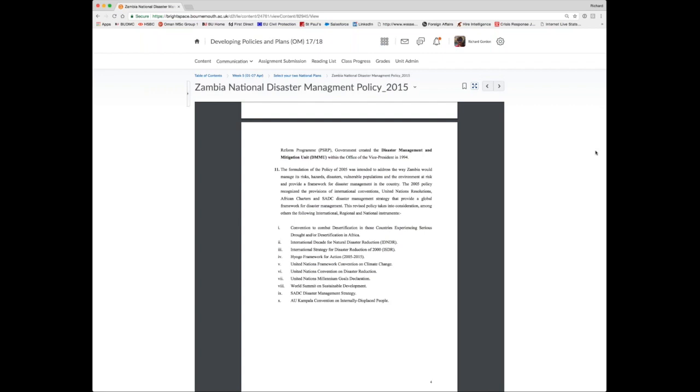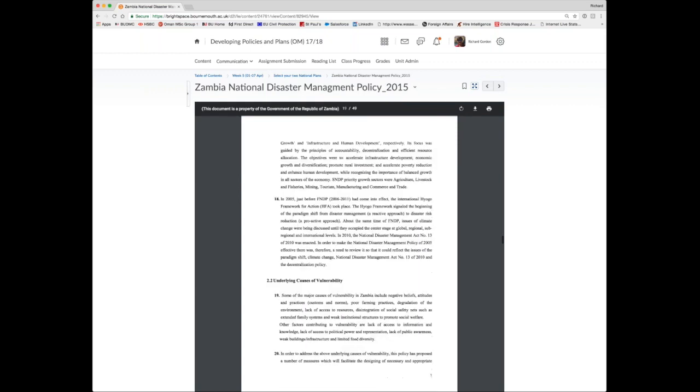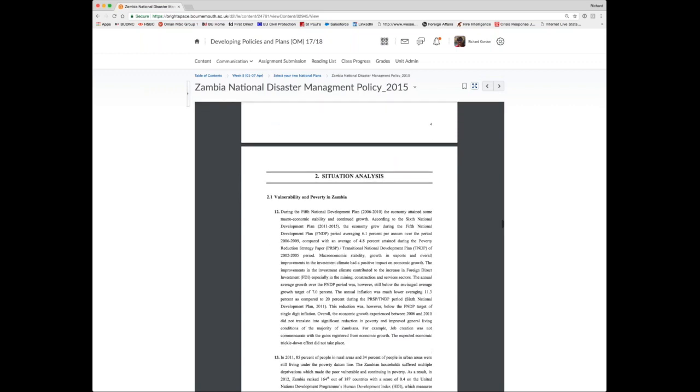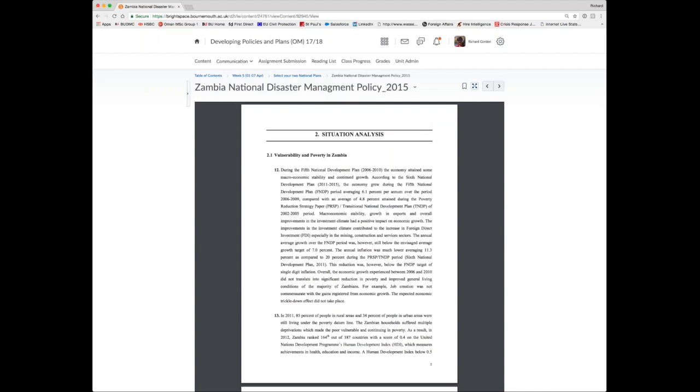And you'll see in the Zambian plan, Richard, if we move to the next chapter, again a very strong discussion about setting out the situational awareness of the hazards. What are the vulnerabilities? And how does this relate to the mapping of hazards?